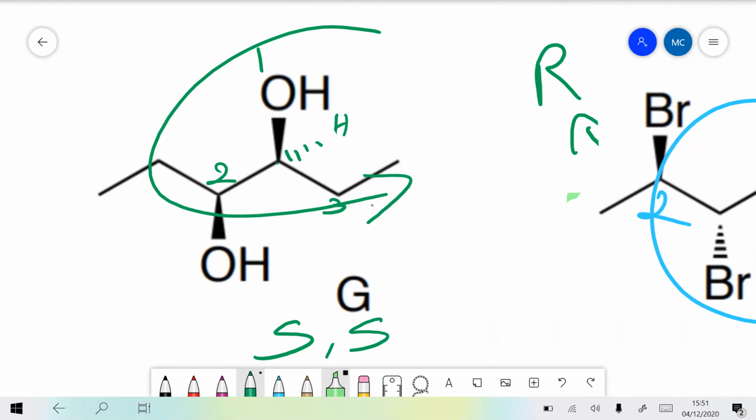So it's S. And normally, whenever they are on the same carbon with the same wedge, they would be the same. So this carbon bond, they are adjacent to each other. This would be, in fact, a meso form. Okay? That is perfectly symmetrical. The two oxygens are opposite each other.